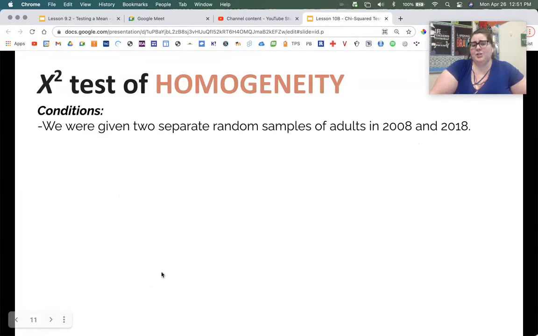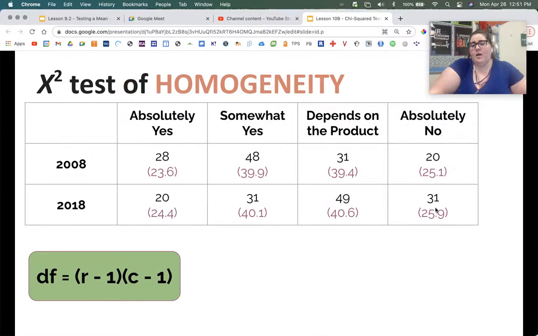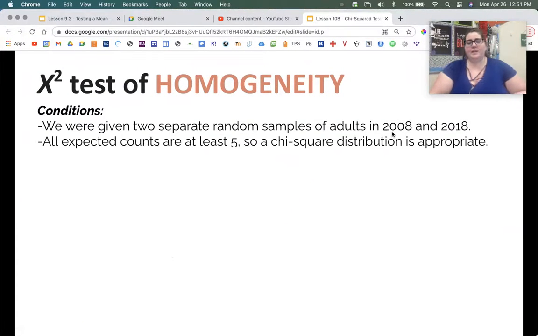Our second condition is that expected counts need to be greater than or equal to 5, which we just showed that they are. So all expected counts are at least 5, so it's appropriate for us to use a chi-squared distribution. So now we can do the math.